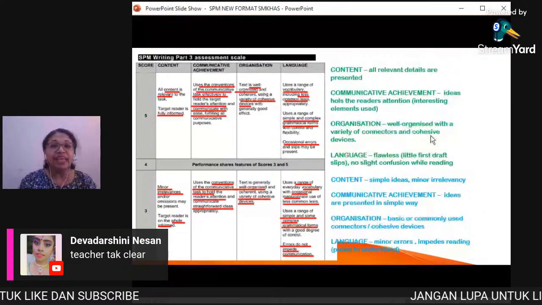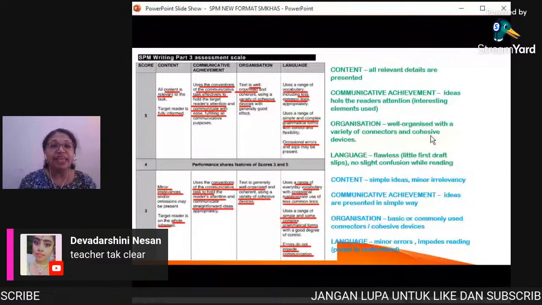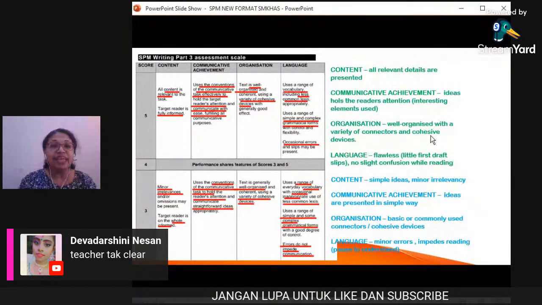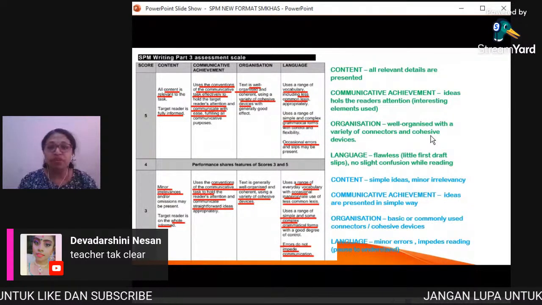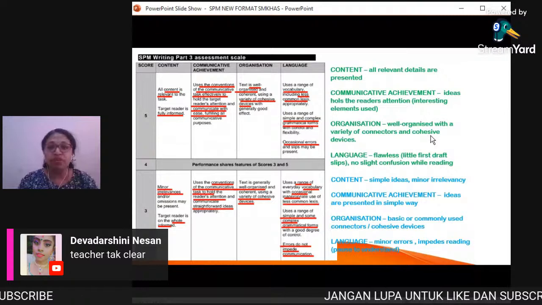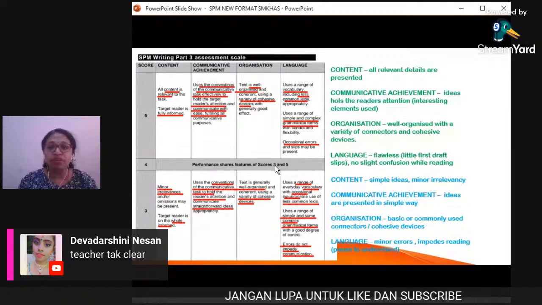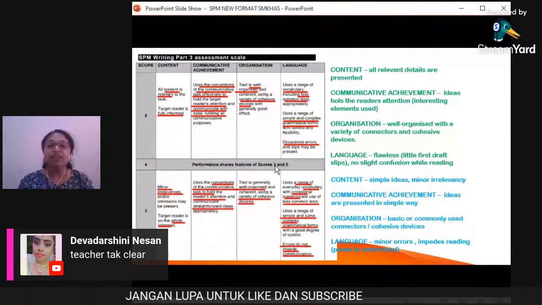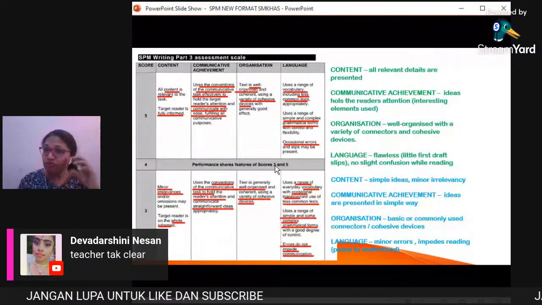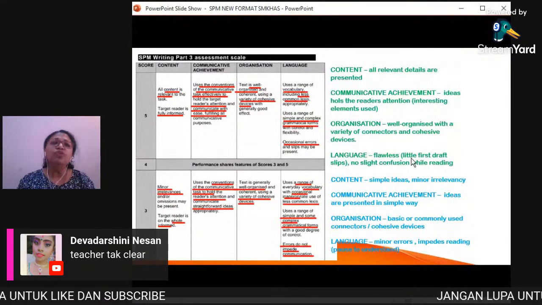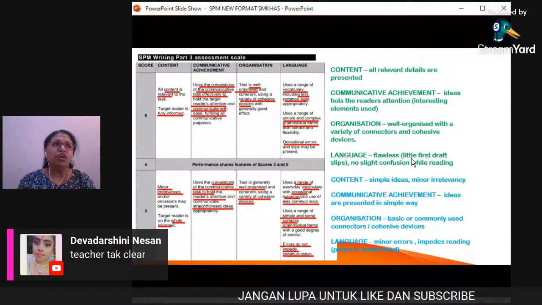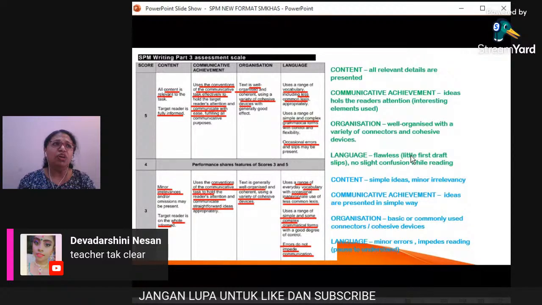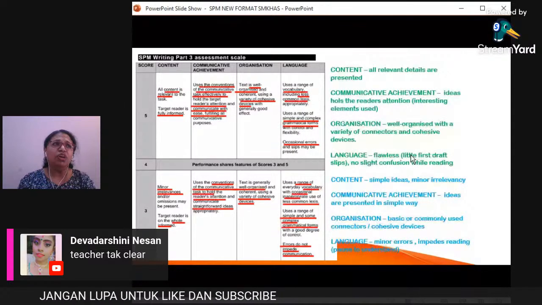Next one, organization, well organized and well cohesive sentences. Okay, discourse markers, this one here you can get plenty online. Sentence connectors, they'll give you many with different functions, to show differences, like ironically, it's contrary.